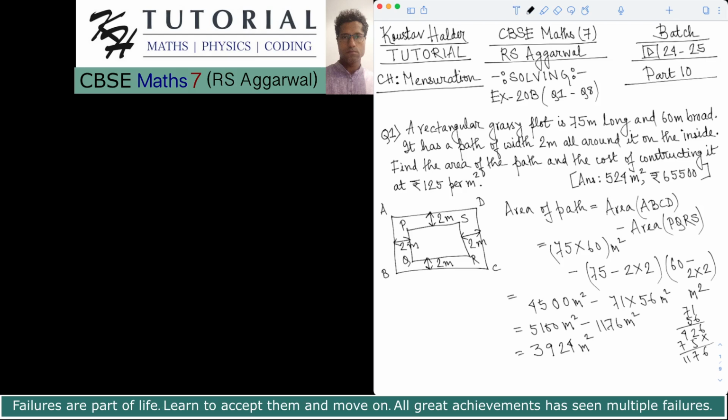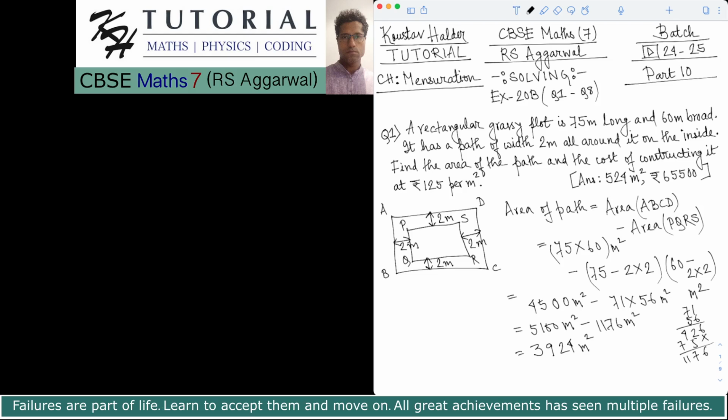And the area of the rectangle PQRS will be the length QR, which is 75 minus 2 into the width of the path, so 2 into 2, which is 4.